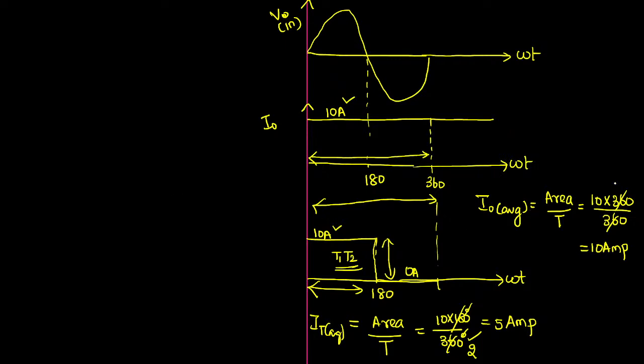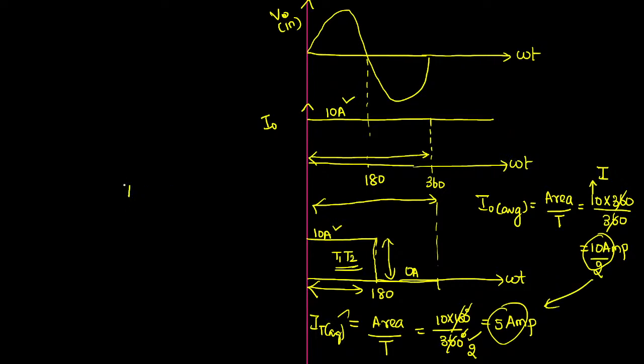Okay, sir. Suppose this current is not given, and they simply give I. If you compare this with the average current, compare both. Here we are getting 10 ampere, here we are getting 5 ampere. It means if I divide this by 2, then you will get 5 ampere.